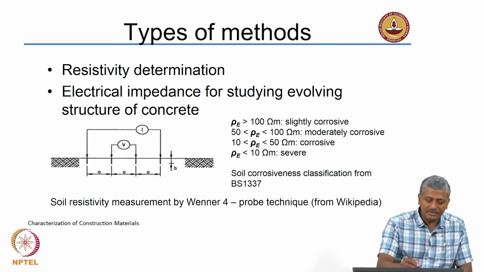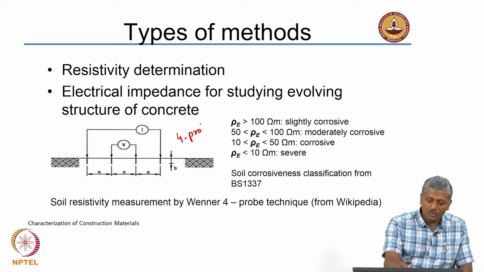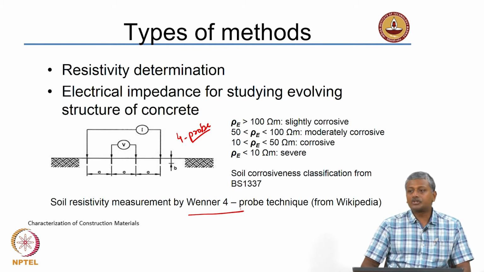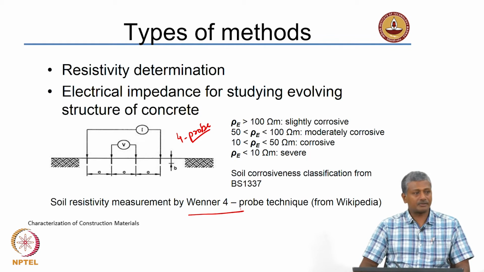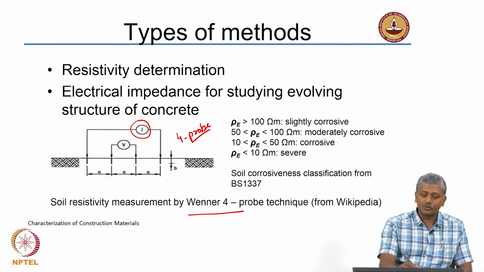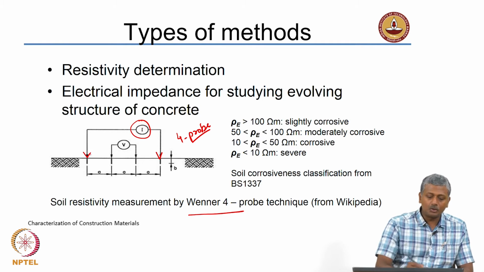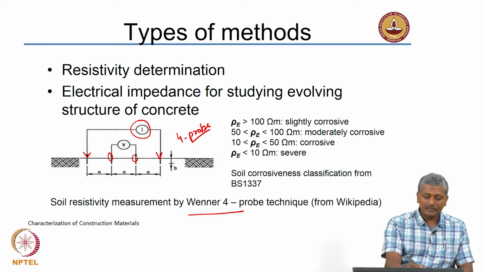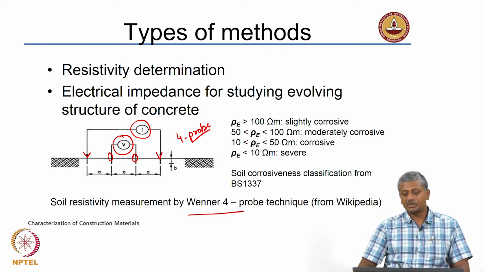So, here for instance, a typical measurement is done using a 4 probe technique, which is also known as the Wenner 4 probe technique, okay, which previously was developed for measuring soil resistivity characteristics. And what is done here, you have an AC current source which is supplying current to 2 outer electrodes, and you also have 2 inner electrodes in this system across which you actually measure the potential difference.